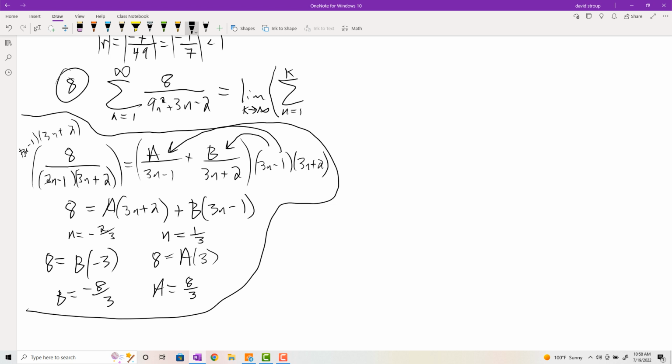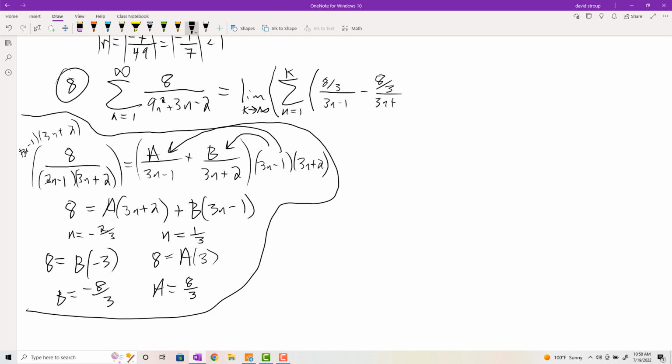Okay, so rewriting then the 8 over 9n squared plus 3n minus 2, you'll have a, which is 8/3, all over 3n minus 1, plus b, which is negative 8/3, all over 3n plus 2.